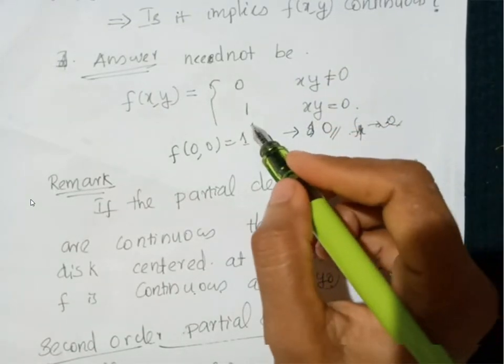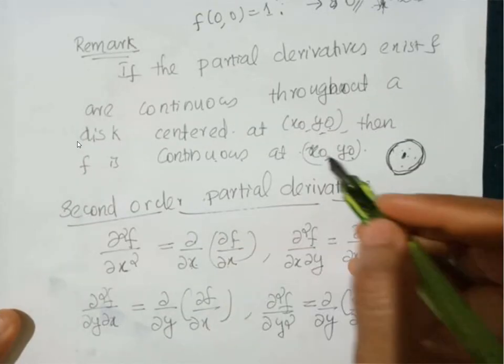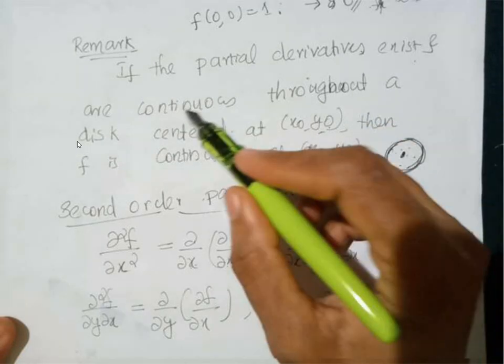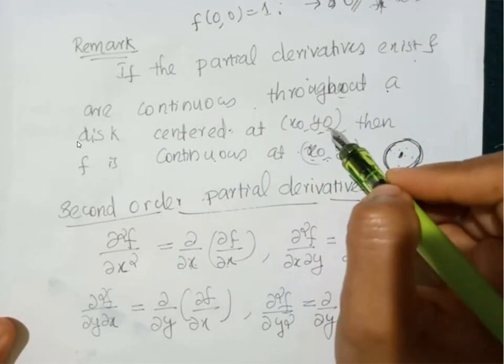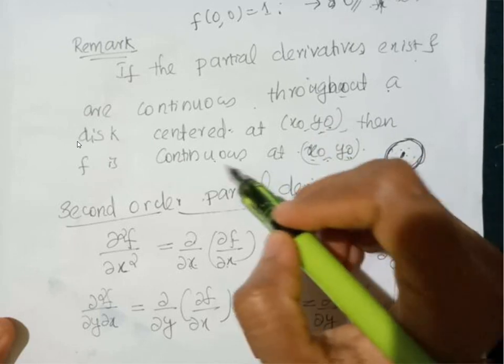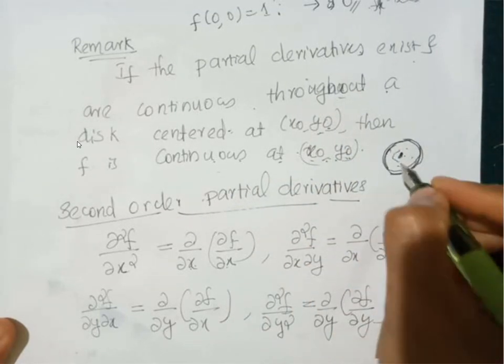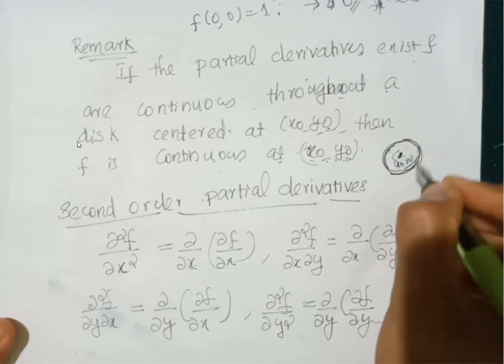Here we can say that this f is not continuous at 0 0. Only then can we say that f is continuous at this point. This is x naught y naught, and this is the disk.